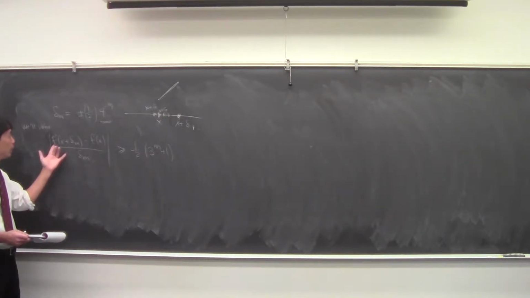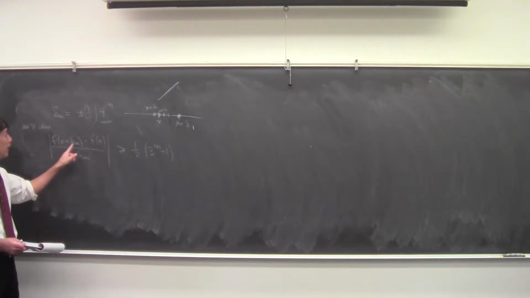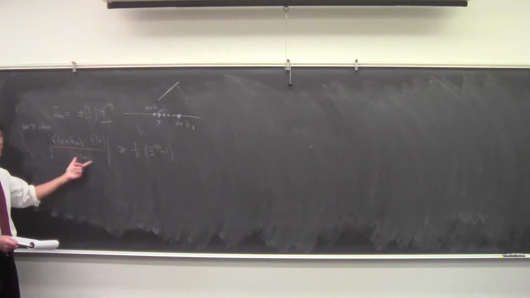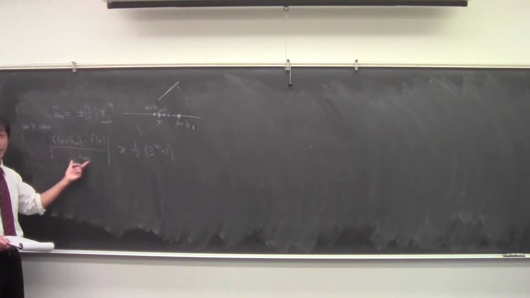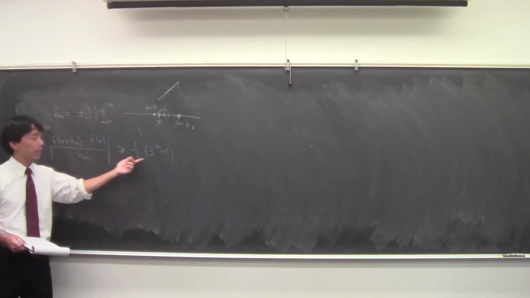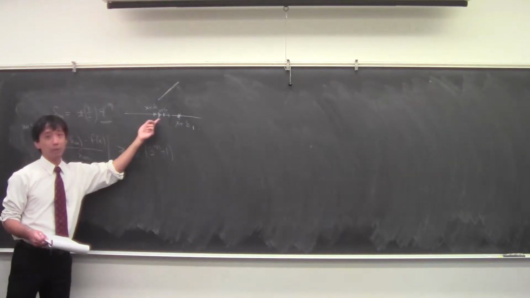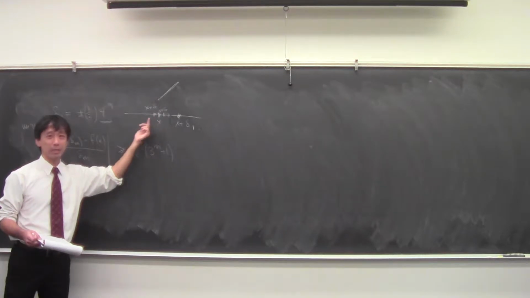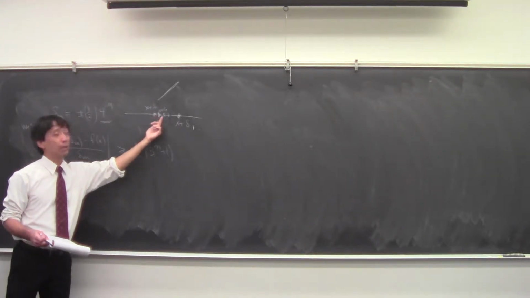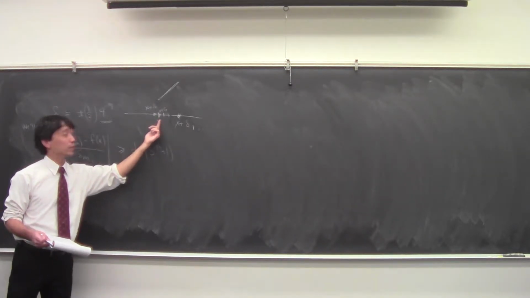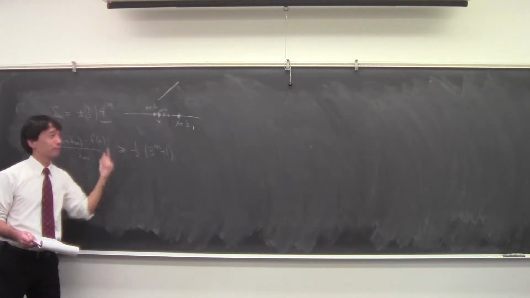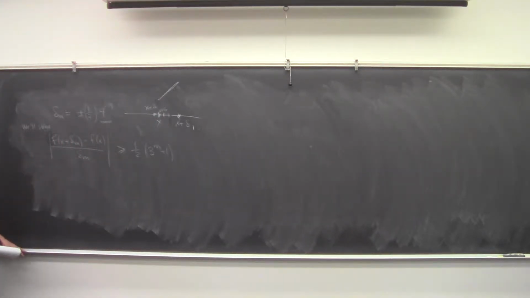Because to be differentiable, you need the limit as h goes to 0 of this thing to be finite, right? But here we're seeing that there are all these bad points where the limit is going to tend towards infinity on some sequence that converges to x. Okay, so that's the idea.